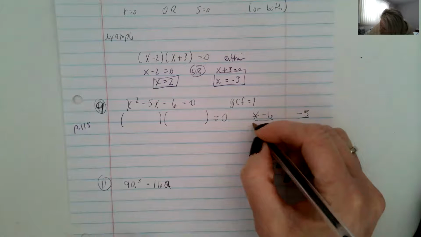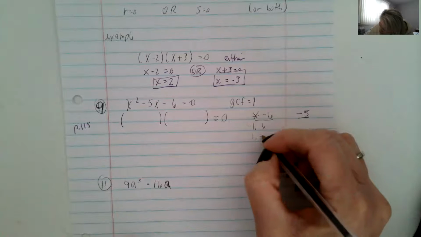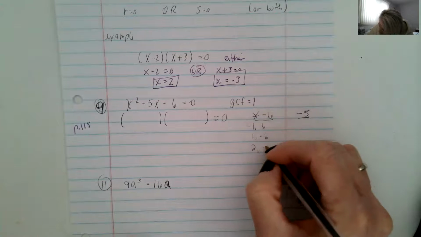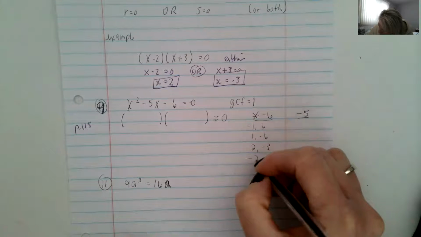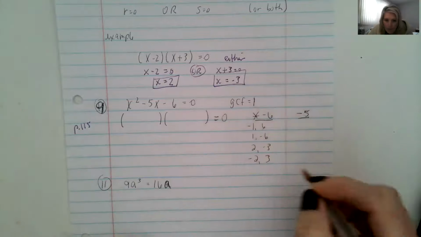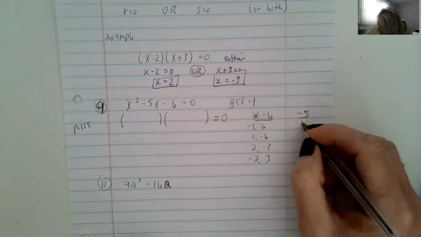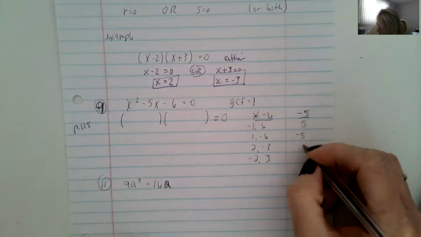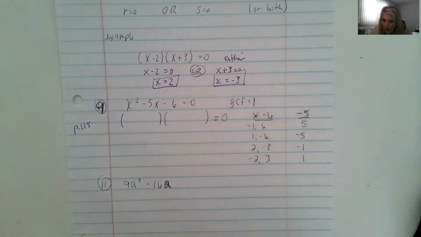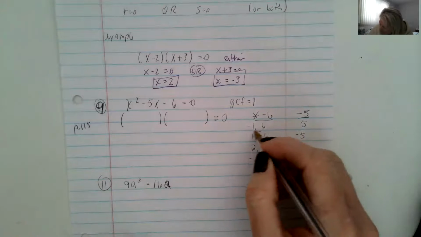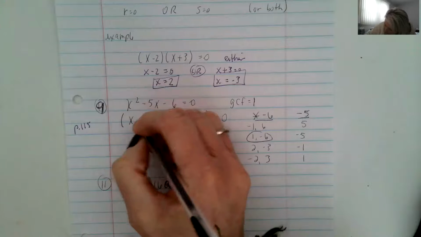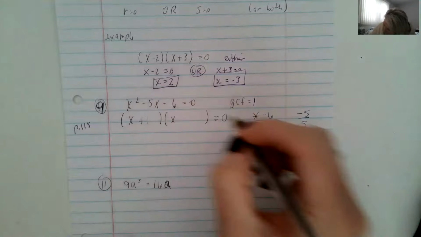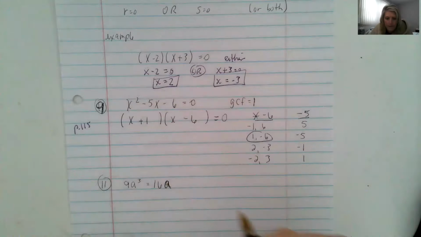So we have negative 1 and 6, 1 and negative 6, 2 and negative 3, and negative 2 and 3. And here are the sums. And we want the negative 5. So this is the magic pair. So we have x plus 1, x minus 6.